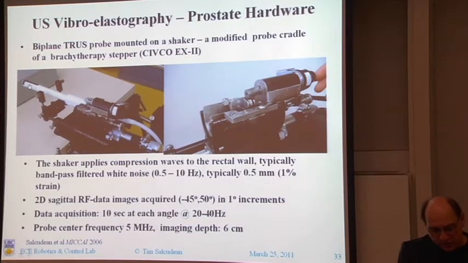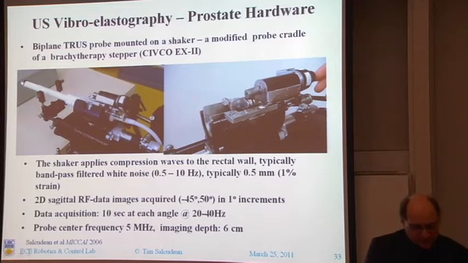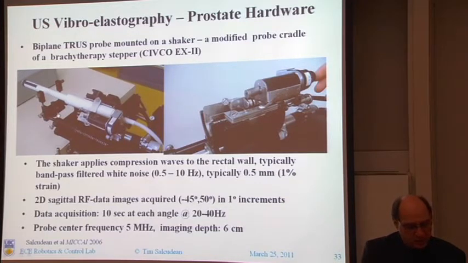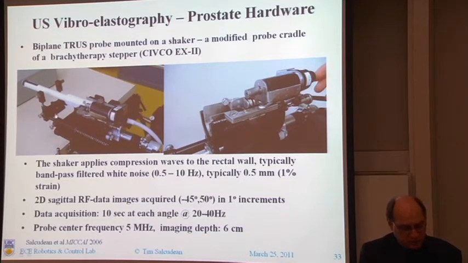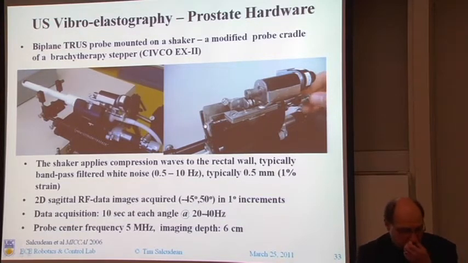This transducer has a sagittal imaging crystal, which we rotate from about minus 45 to 50 degrees to plus 45 to 50 degrees. While shaking it, we obtain wave images through the prostate.